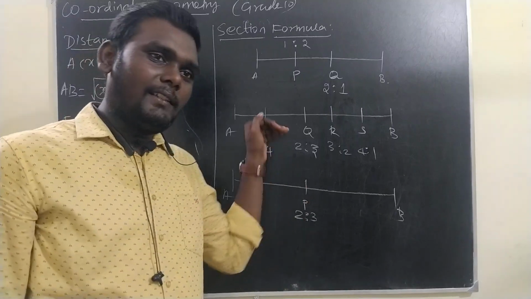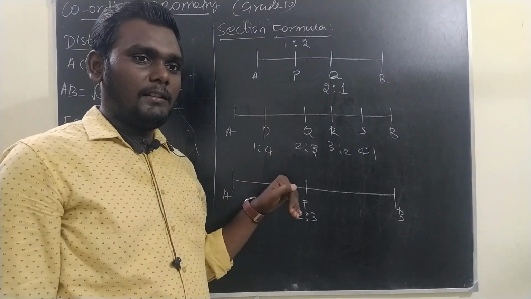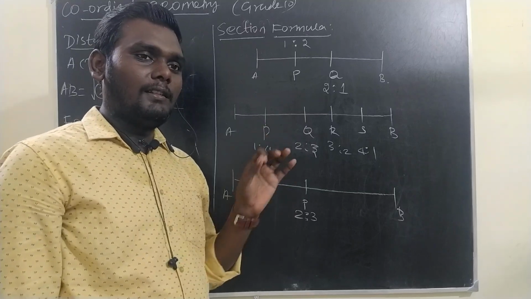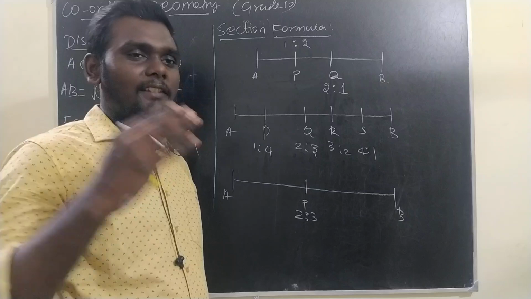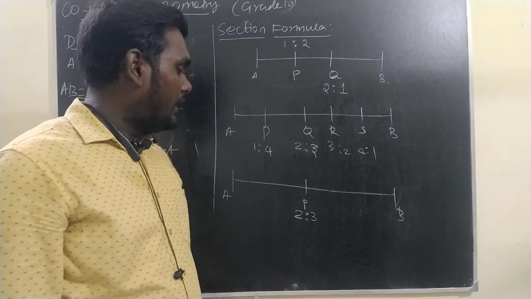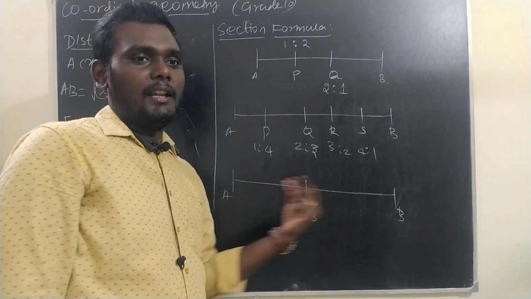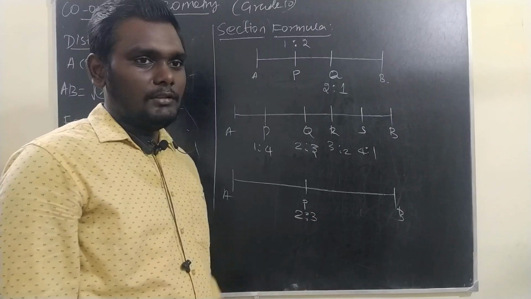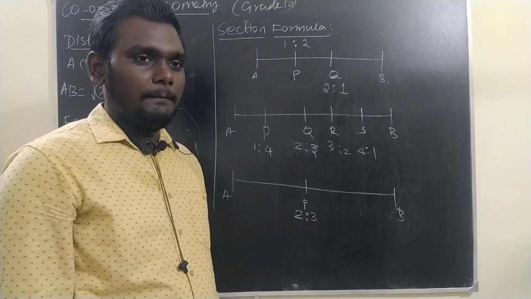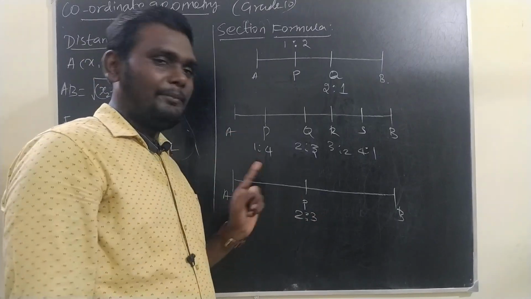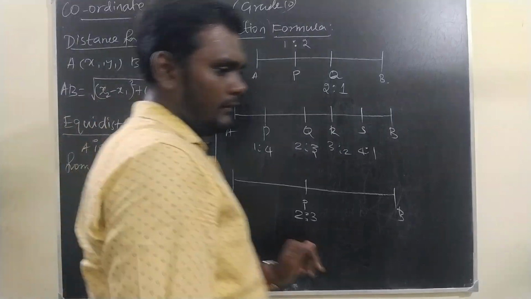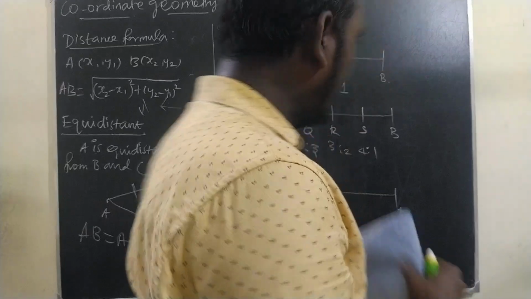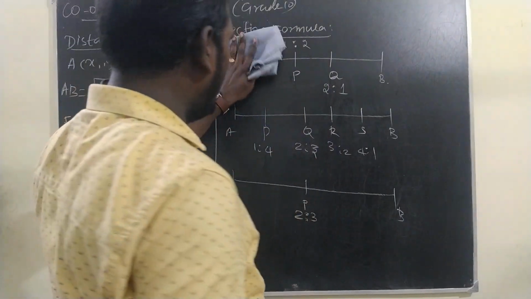This dividing point lies inside the line segment, means lies between the line segment, and this is called internal division. Internally it is dividing. The point P is dividing the line segment AB in the ratio like this. Then what is the coordinate of P? Suppose they give, see, you understood what is section formula, right? What is sectioning?